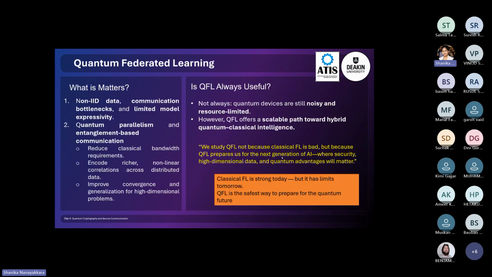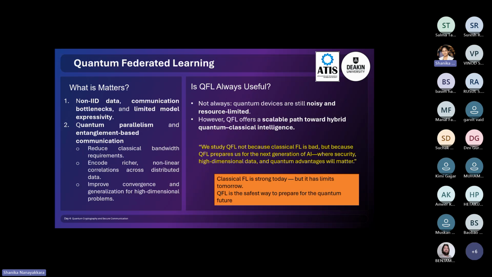And when it comes to this slide that you can see here, why do we need quantum federated learning? In real situations, each client has different kinds of data. We call it non-IID data. Classical federated learning struggles when data is very different across clients.